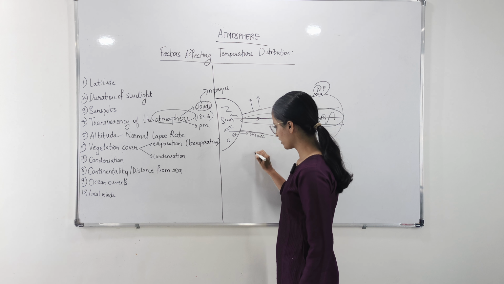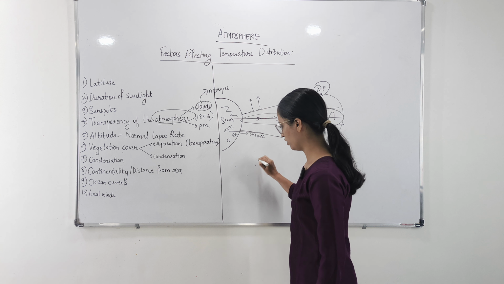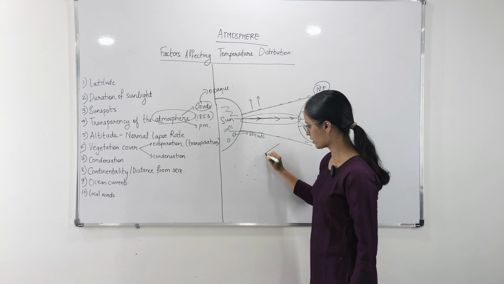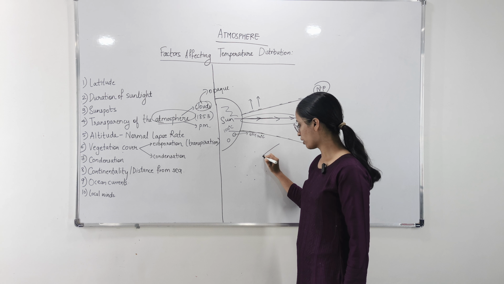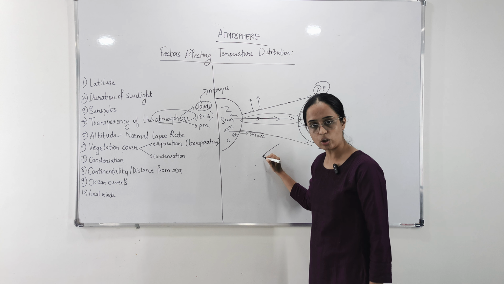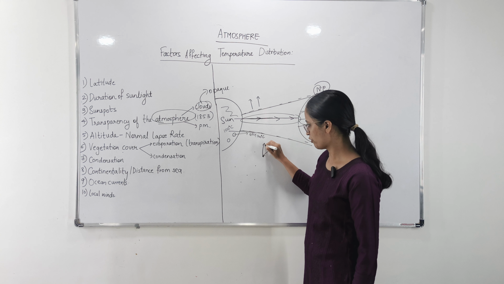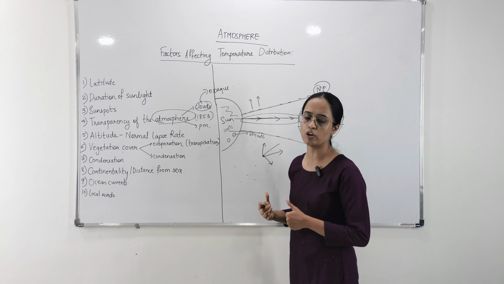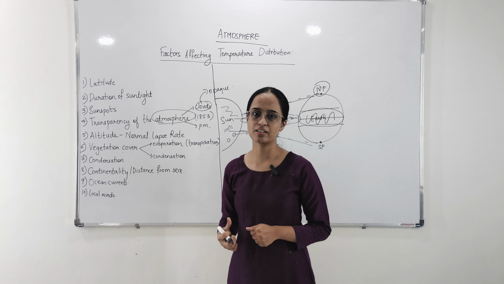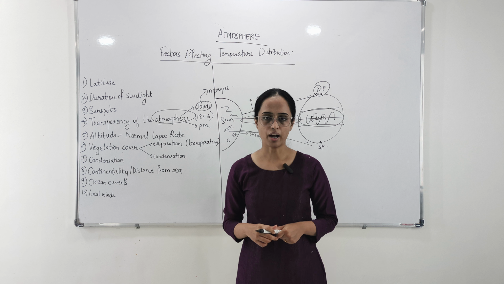What happens is, when the sun rays go to heat this particulate matter, since it is solid in nature, some of them would be reflected back, some would be scattered, and that is how again here there would be loss of heat energy. Here there would be dissipation of the incoming solar radiation.